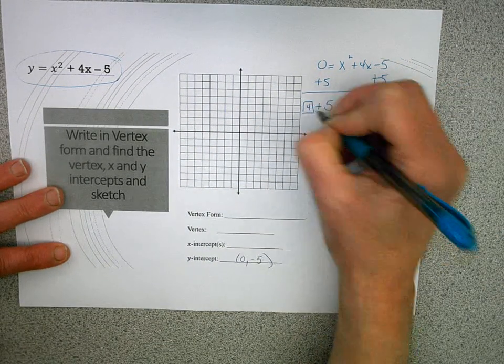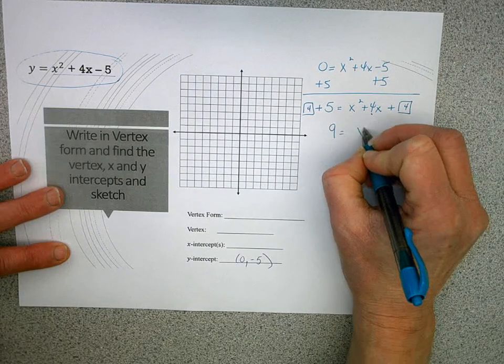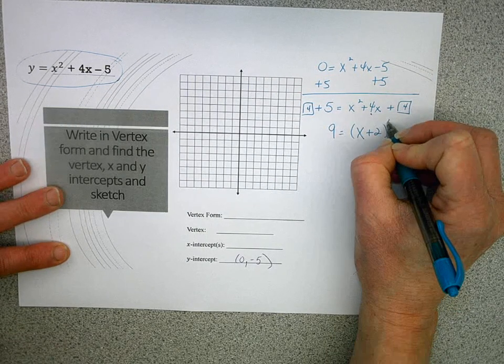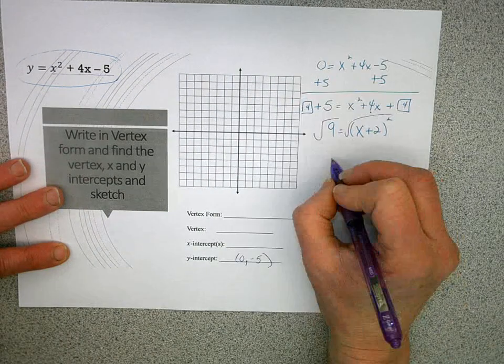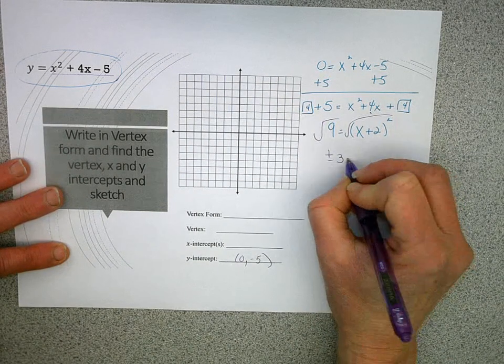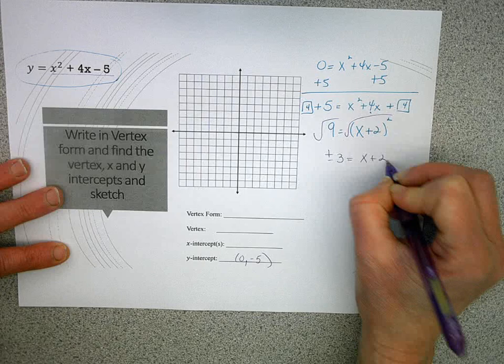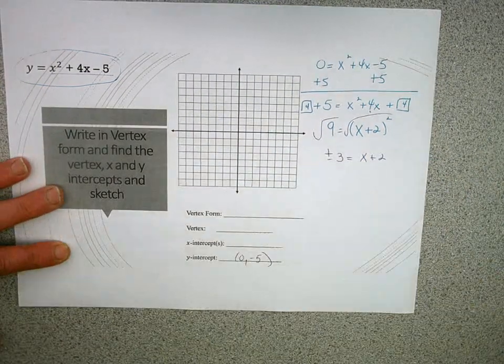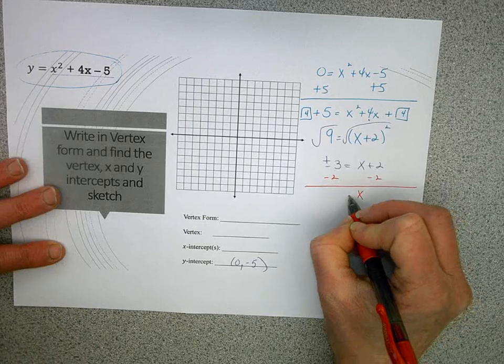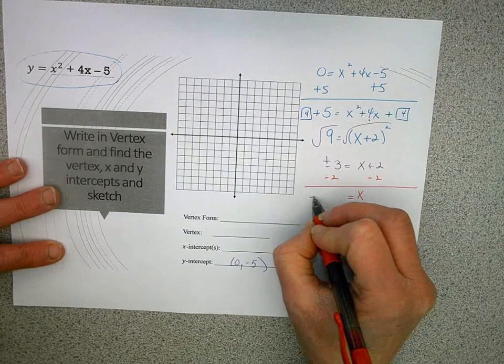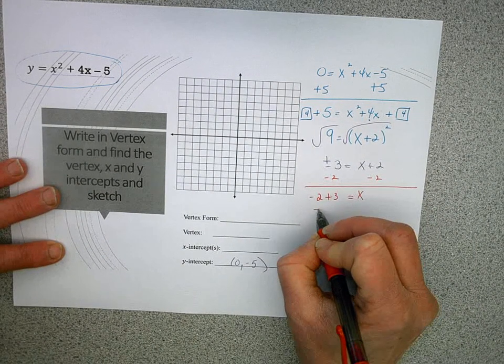So I get 9 equals (x + 2) squared. Take the square root of both sides. Square root of 9 is plus or minus 3. And then we would subtract 2. So we get x equals -2 plus 3 and -2 minus 3.